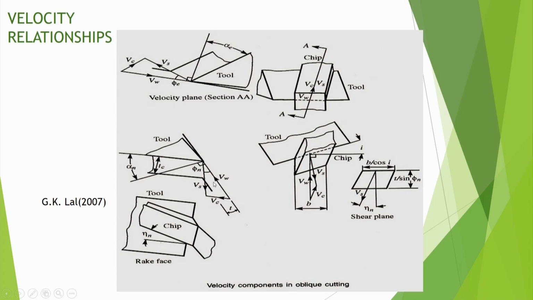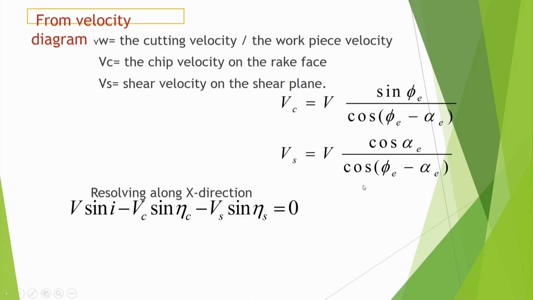This is Tc, and phi n is shown here, with VW, Vs and I. They are also showing Vs, VW, and the chip, and on the shear plane there is B by cos I, this relation is also there.